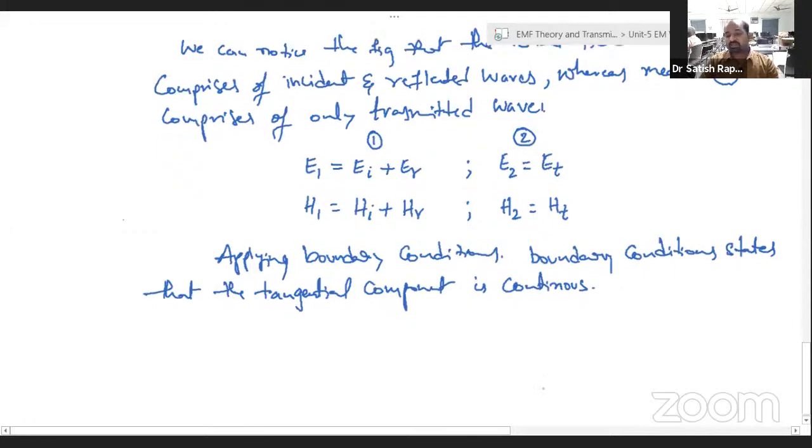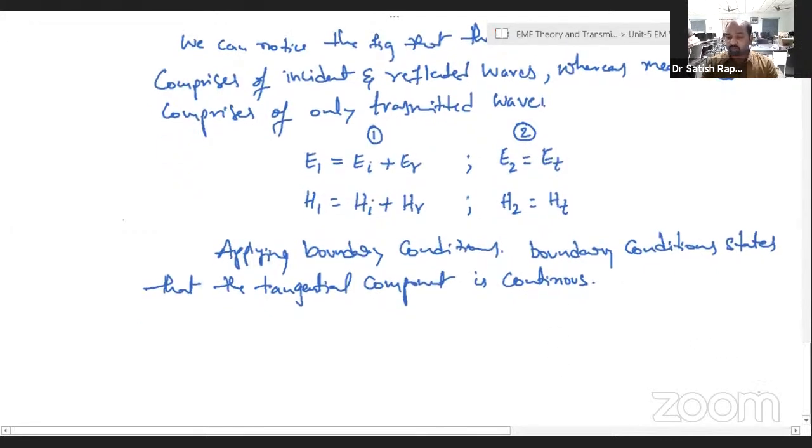What is meant by tangential component? Let us say this is the boundary, right?